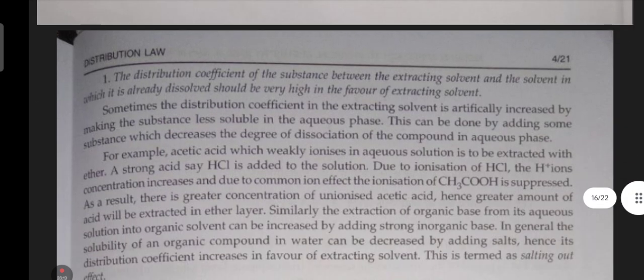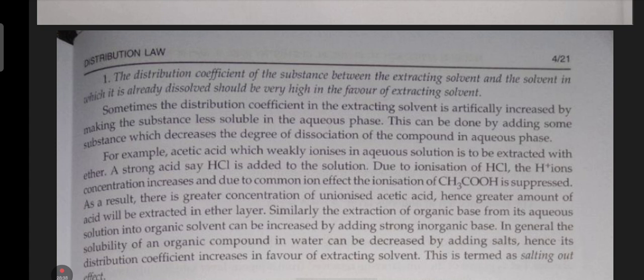First one is the distribution coefficient of the substance between the extracting solvent and the solvent in which it is already dissolved should be very high in favor of the extracting solvent. Sometimes the distribution coefficient in the extracting solvent is artificially increased by making the substance less soluble in the aqueous phase.